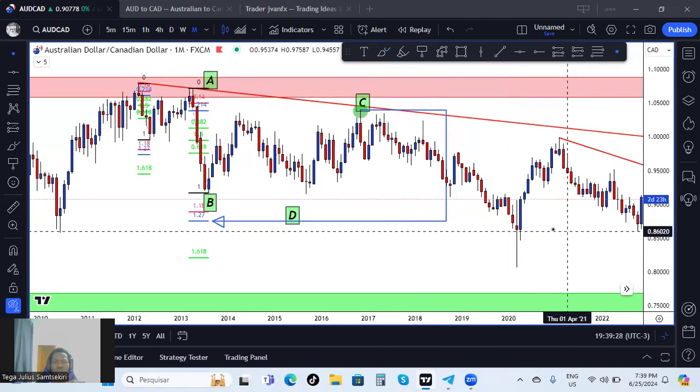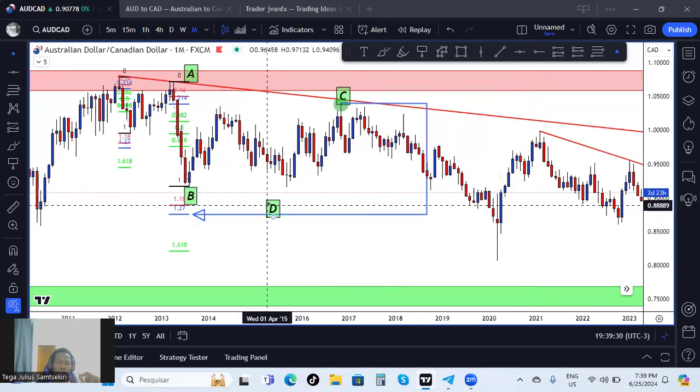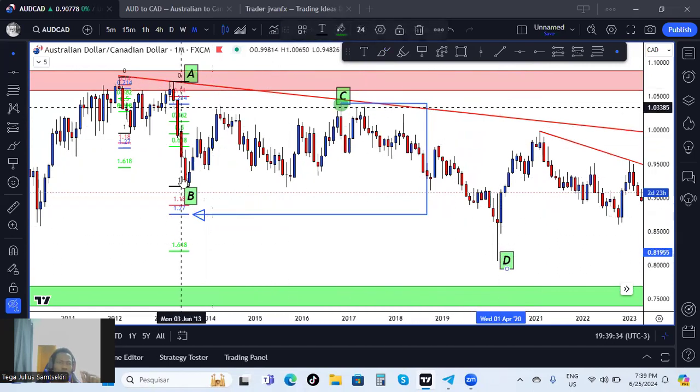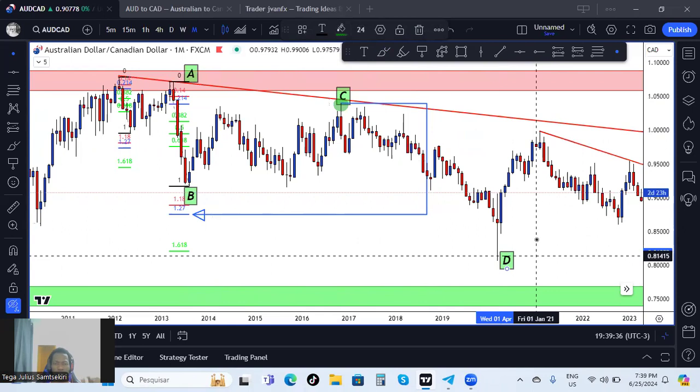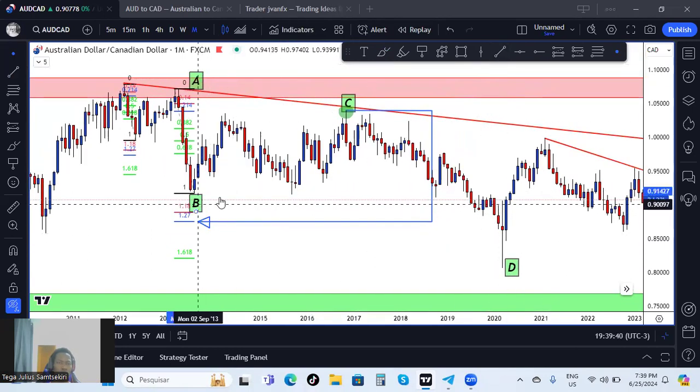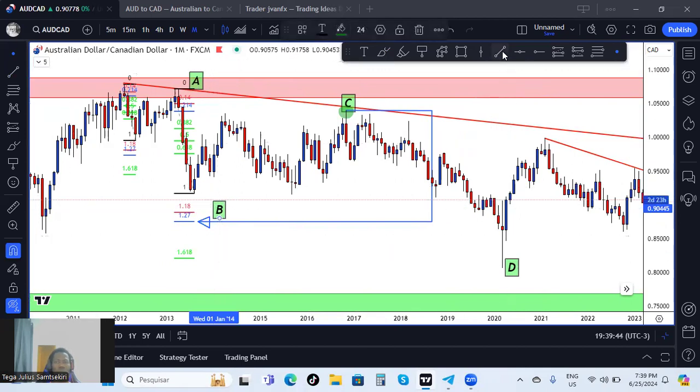So we are going to draw the next extension. So the D extension is right here. All right, so we found the A, B, C, and D. And this was a beautiful market back in time for professional traders all around the world that already know how to trade the market using the Fibonacci.